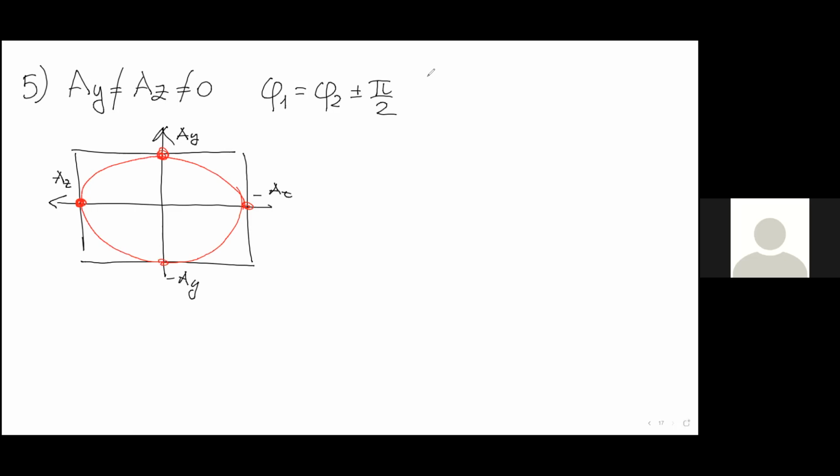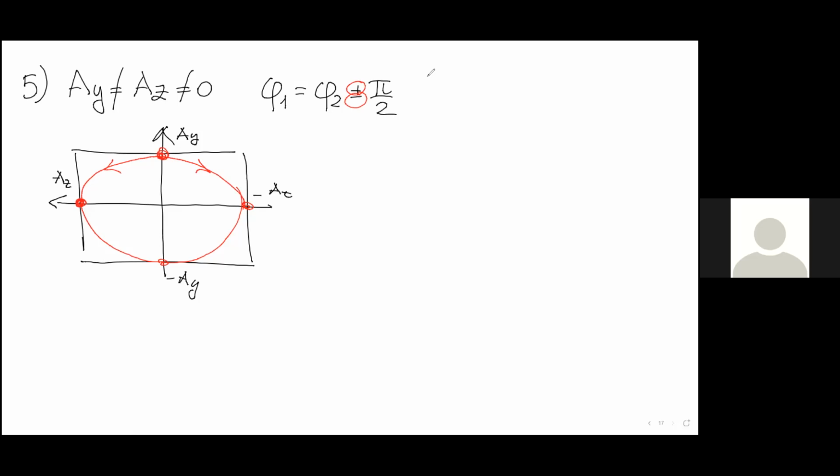And so you describe an ellipse in the plane. And this ellipse can have a rotation direction that is clockwise or counterclockwise, depending on the phase shift here. So phase shift plus pi over 2 is clockwise, minus pi over 2 is counterclockwise.